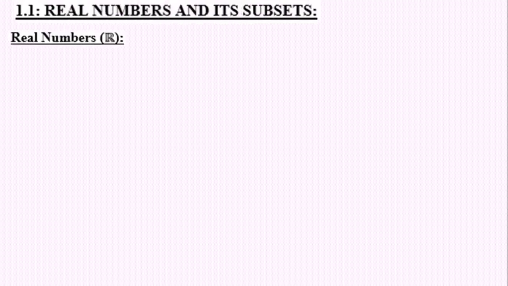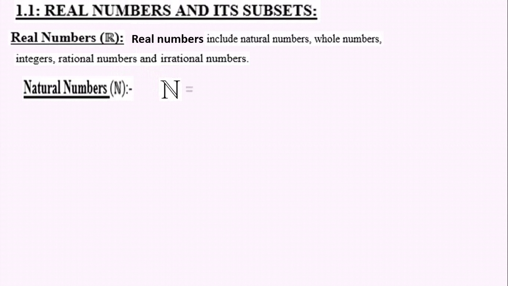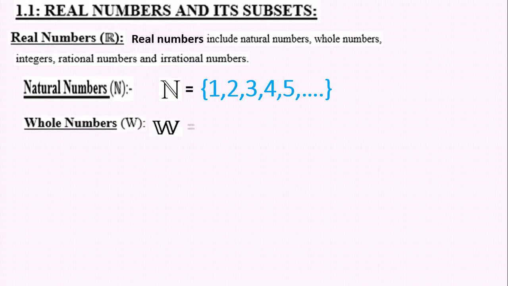As we have mentioned just now, real numbers include natural numbers, whole numbers, integers, rational numbers, and irrational numbers, and these are the subsets of real numbers, as you can see on the screen.